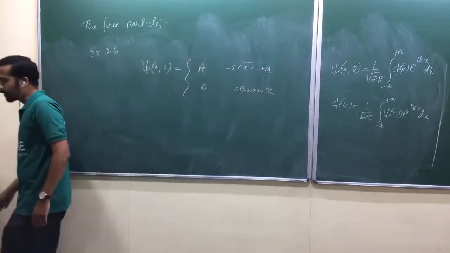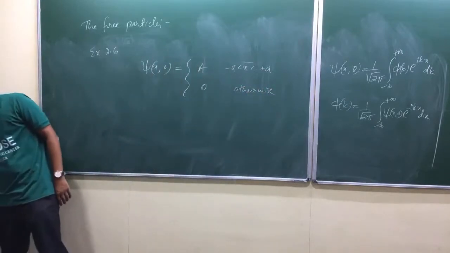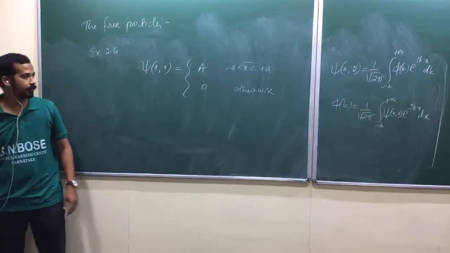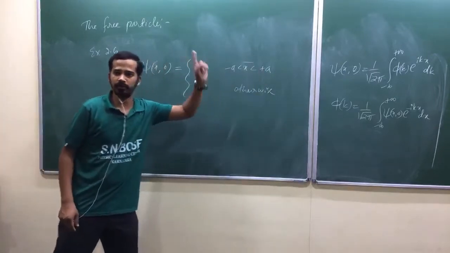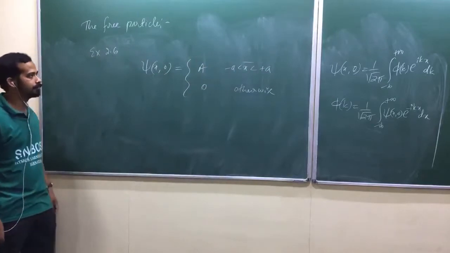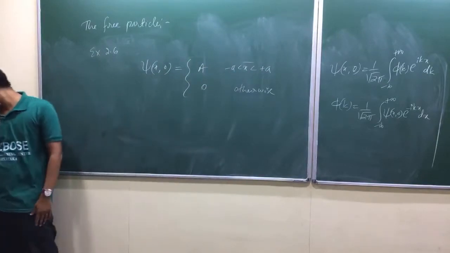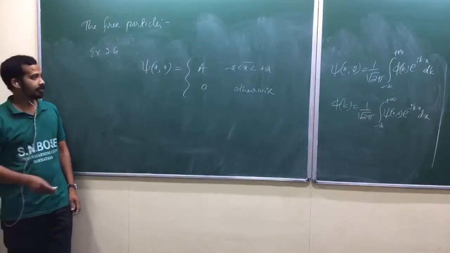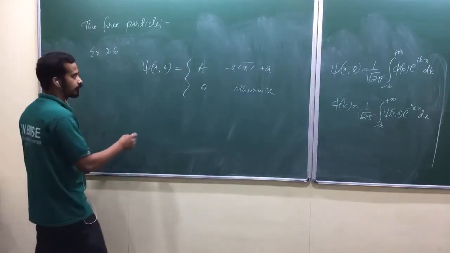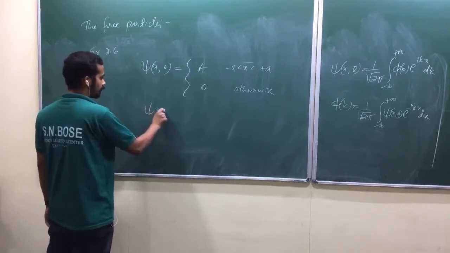This problem is exactly the same problem that we did in the morning on Fourier transform. We had one function between minus 1 to plus 1. Do you remember? Your initial state of the free particle is like this, okay? Find psi of x comma t.